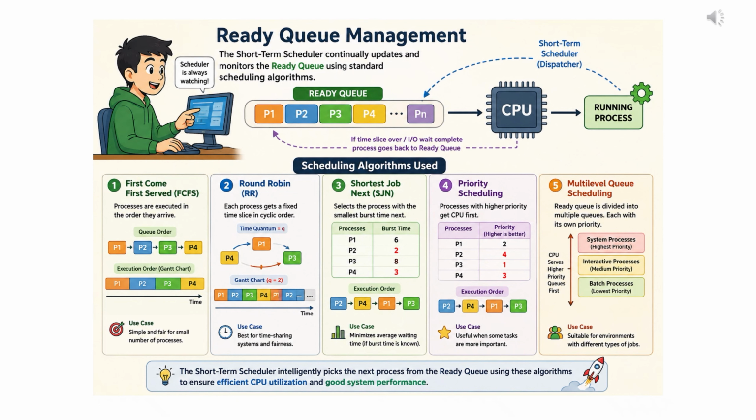Some of the most common algorithms are first come, first served, where processes execute in the order they arrive; round robin, where every process receives an equal time slice; shortest job next, which selects the process requiring the least execution time; priority scheduling, where higher priority processes execute before lower priority ones; and finally, multi-level queue scheduling, where processes are divided into different queues based on their characteristics.